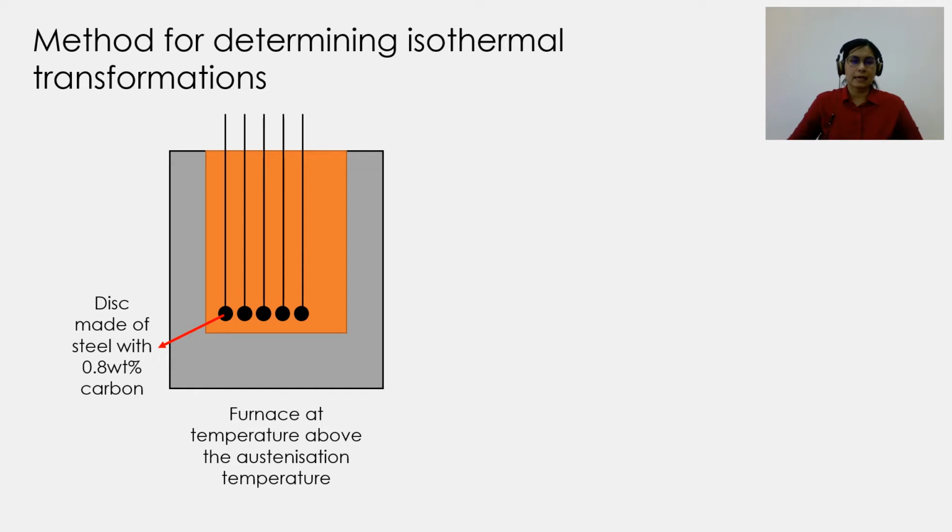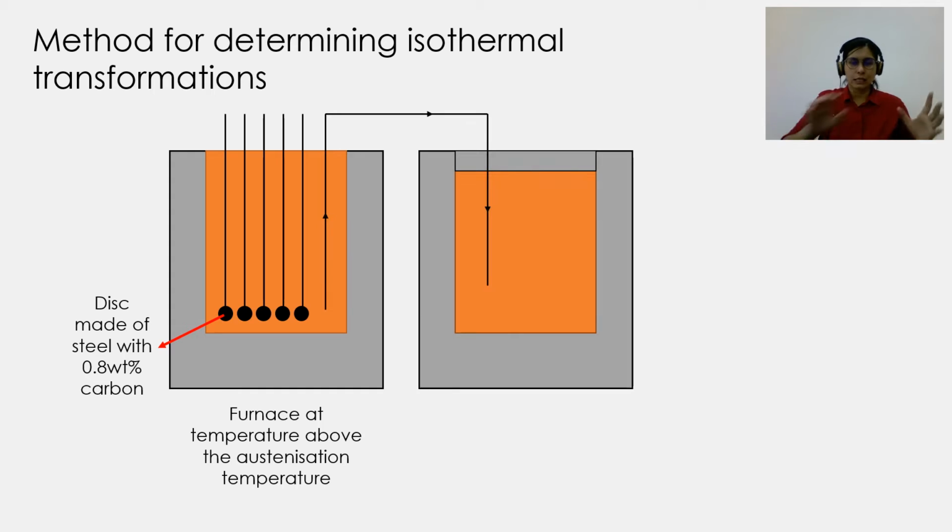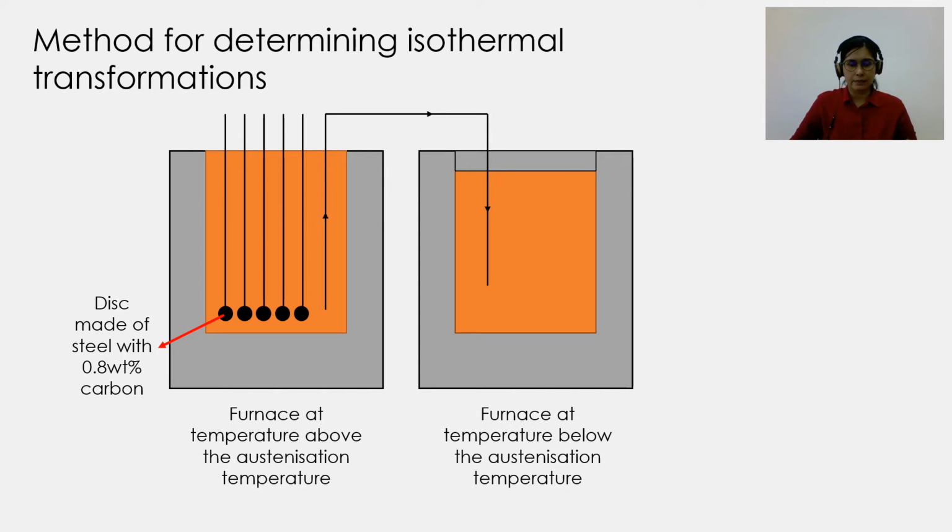In the second step, they transfer all of these discs into a second furnace with a temperature below the eutectoid temperature, for example, at 700 degrees Celsius, and they will hold it. They will hold this eutectoid steel at this temperature for a certain period of time and let the transformation happen isothermally.